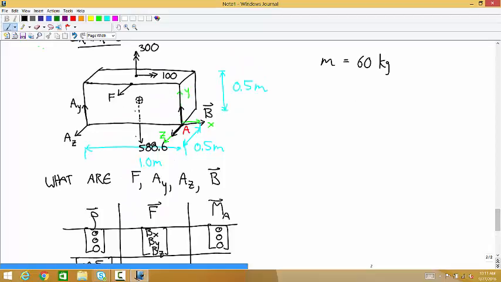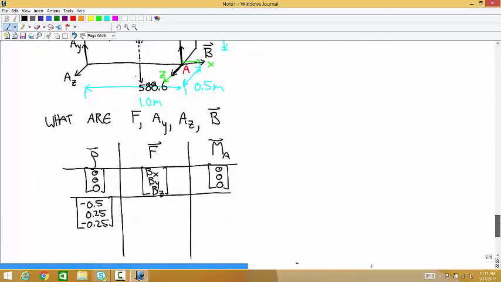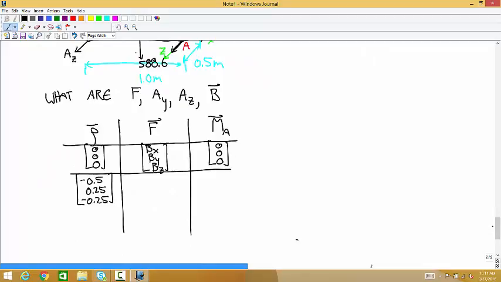The force vector. Question? So the force vector is 0, negative 588.6, 0. And if you take that cross product, you get 0, 0. No, you're right, it wouldn't be.